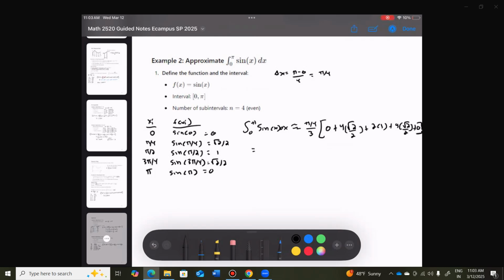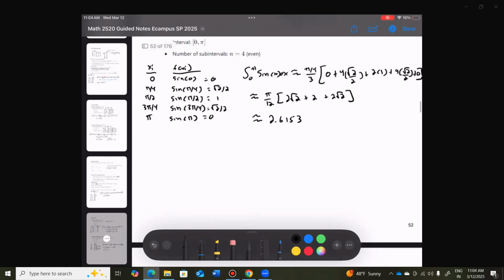Right, so we're going to simplify this. Pi over 12, 2 square root 2 plus 2 plus 2 square root 2. And this comes out to be approximately 2.6153.